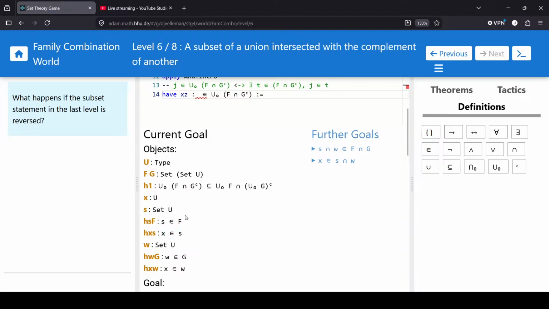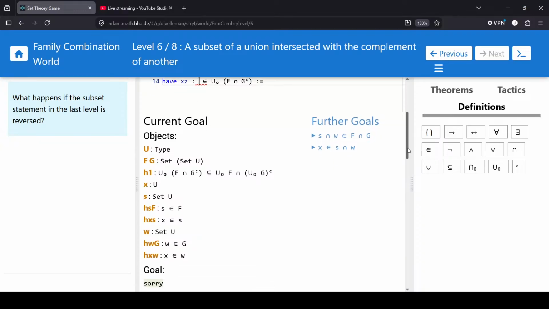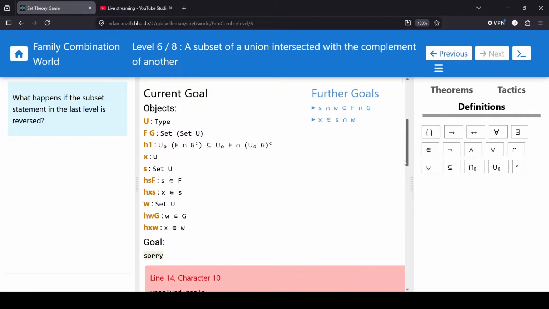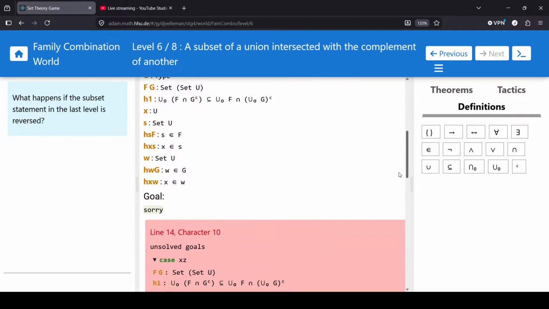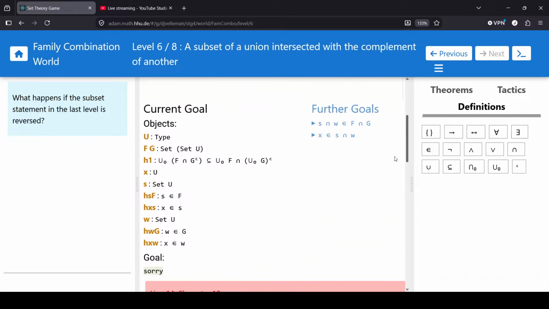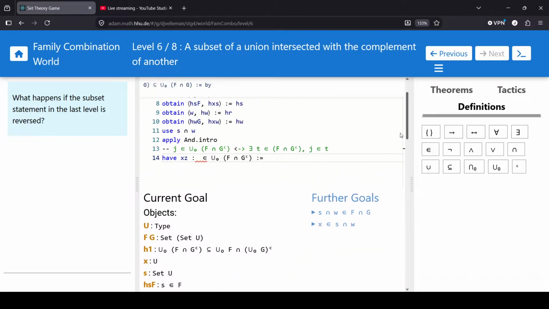X is in S, which is in F, but X is also in W, which is in G. But actually, we don't want that, because we want G's complement. So we can't use X as a result. Was there a way I could have avoided this?